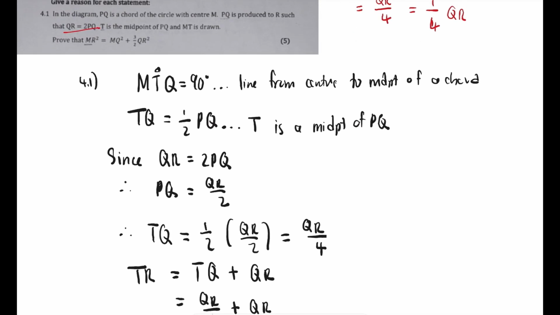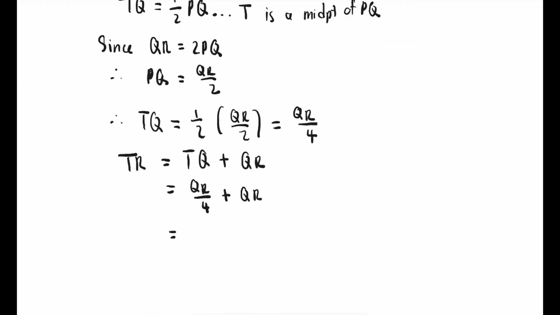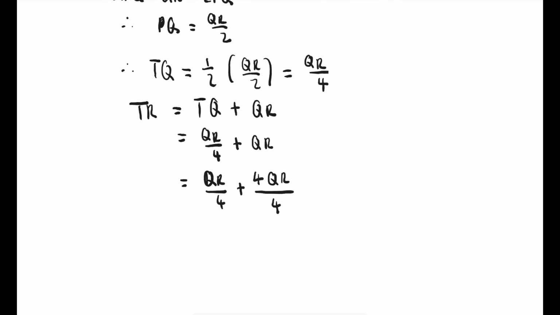And we want to add these, right? So if we're going to add these, that means that here we're going to have QR over 4. And to make the same denominator, I'm going to multiply by 4 over 4. These cancel out to still give us QR. And then therefore my TR is equals to 5 QR over 4.